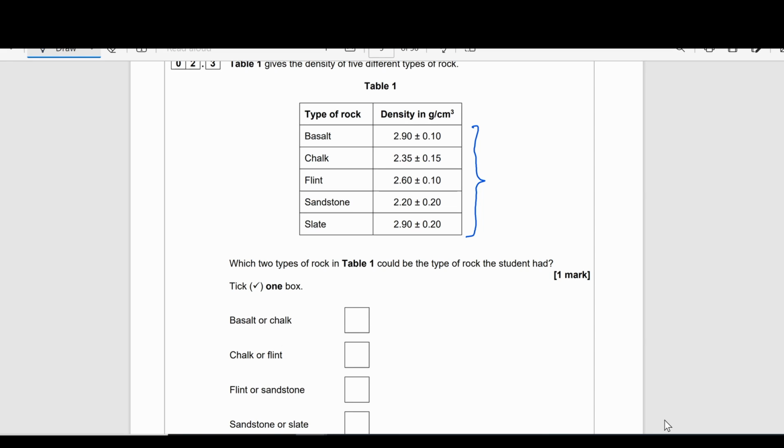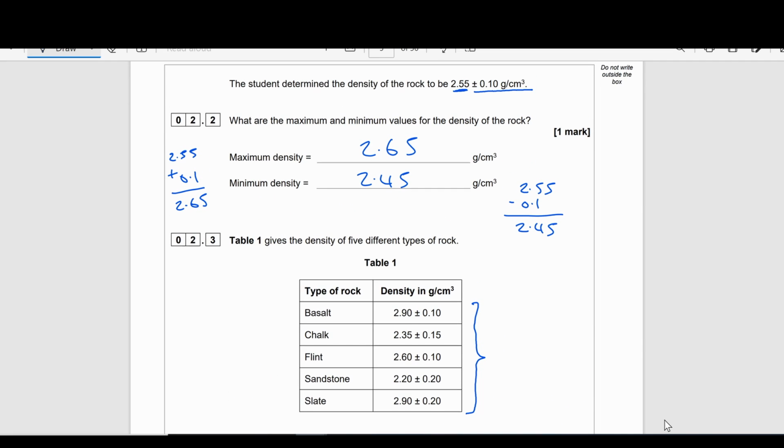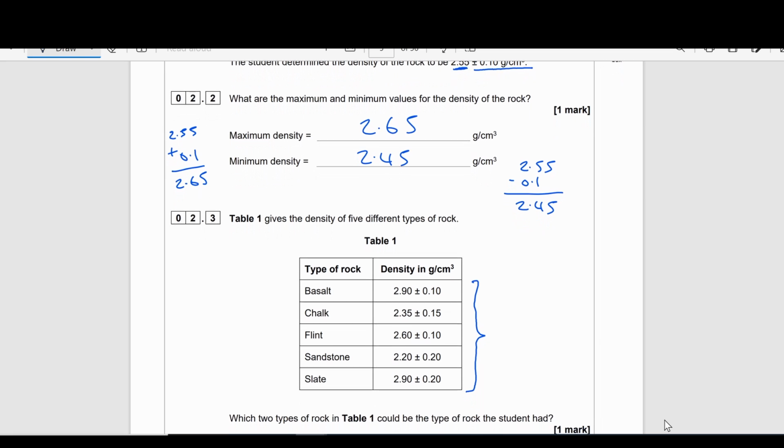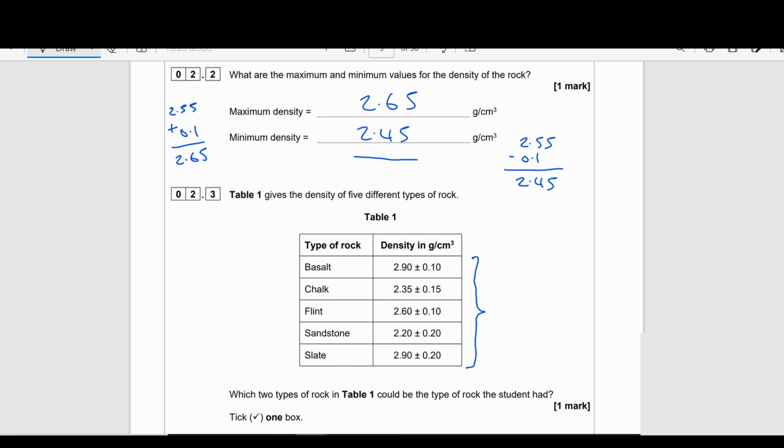So we've got an unknown rock here, but we've got a minimum value and a maximum value for it. We want to see which 2 of these could be our rock that we've studied. So we would need to compare the values that we've just found to what we find in this table.